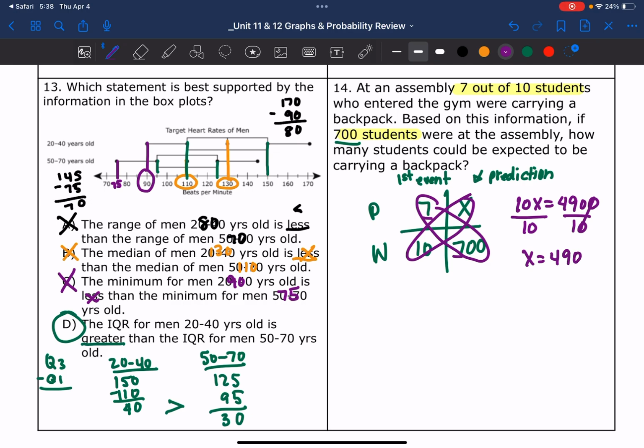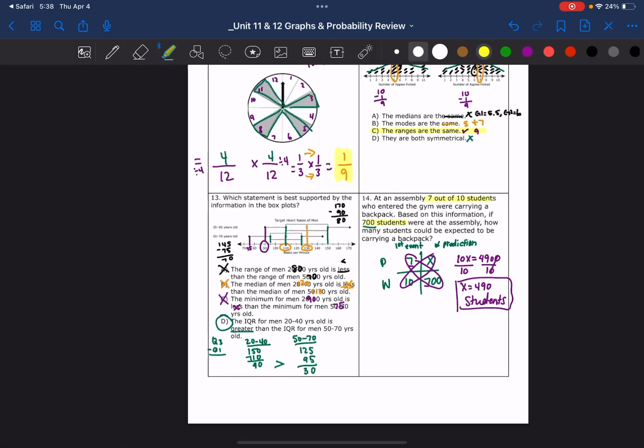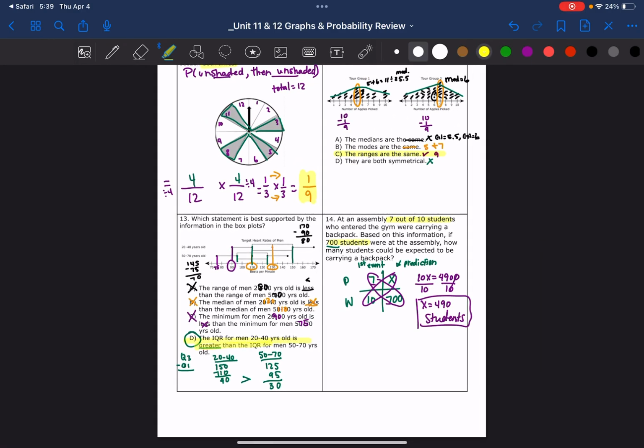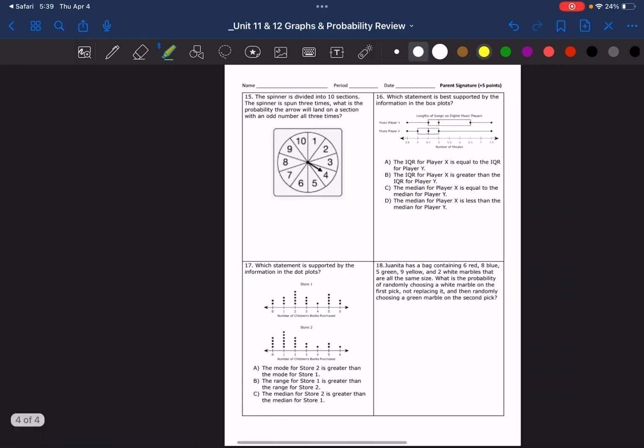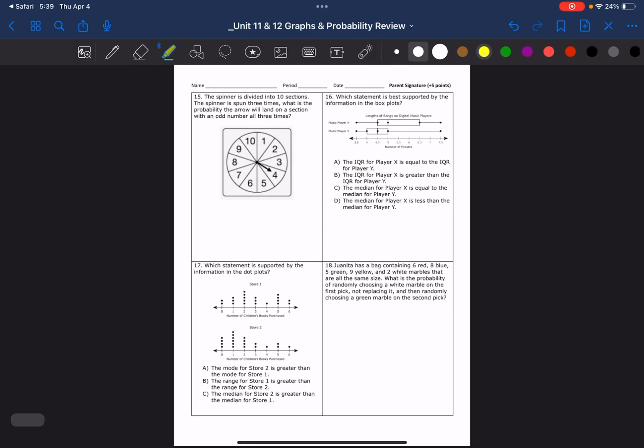So out of the 700, there will be 490 students that will be carrying a backpack. This is our answer right here. Let me go back and highlight this one and this one. Pause if you need to. I'm going to go to the next page, and this is the last page.